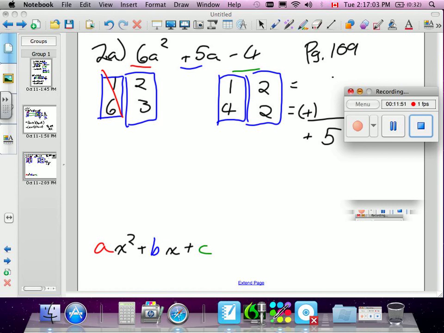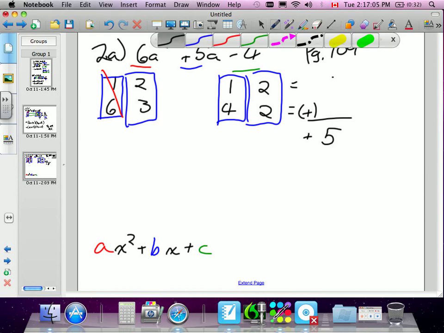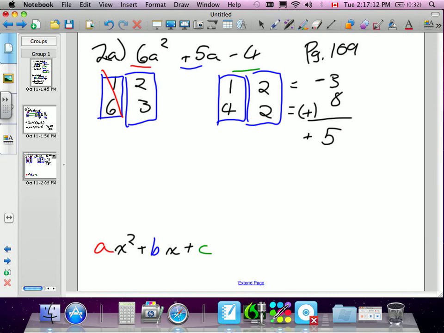Okay, so actually, when we have 3 and 8, if 3 is a negative term, we can add up to 5. So what that means is, remember, we have to remember what we multiplied by. We did our 3 times 1 and 2 times 4.